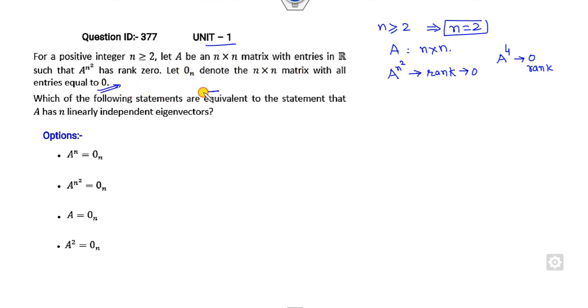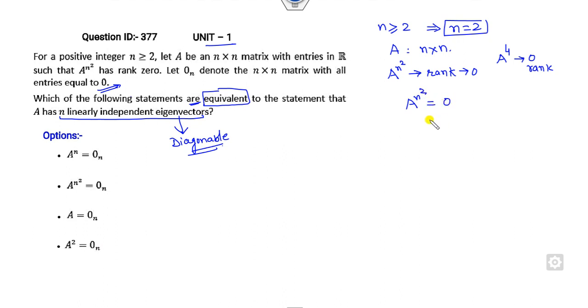Which of the following statements are equivalent to having n linearly independent eigenvectors? What is the meaning of that? When you can say it has n linearly independent vectors, it means the matrix is diagonalizable. Fine. Now what is given to you? A of n square has rank 0.